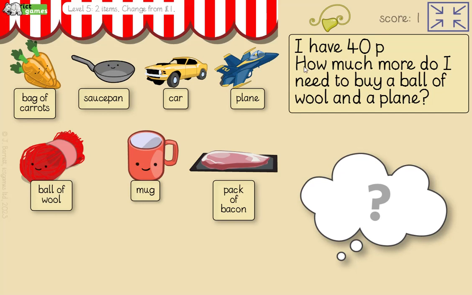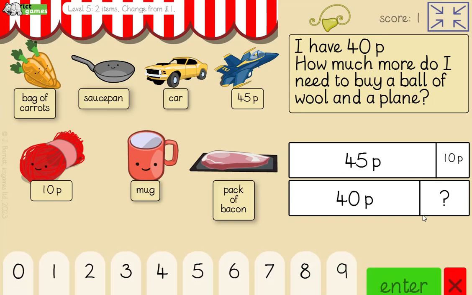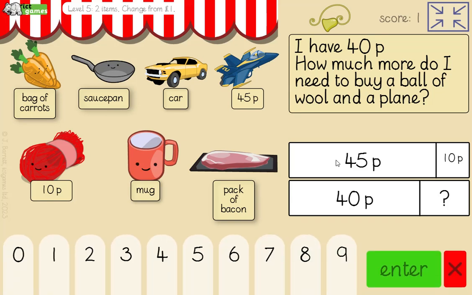I have 40p. How much more do I need to buy a ball of wool and a plane? Okay, so the plane's 45p, the wool is 10p. Right, let's think about what we need to do. So this bar model will help us. So the plane was 45p and the ball of wool was 10p.